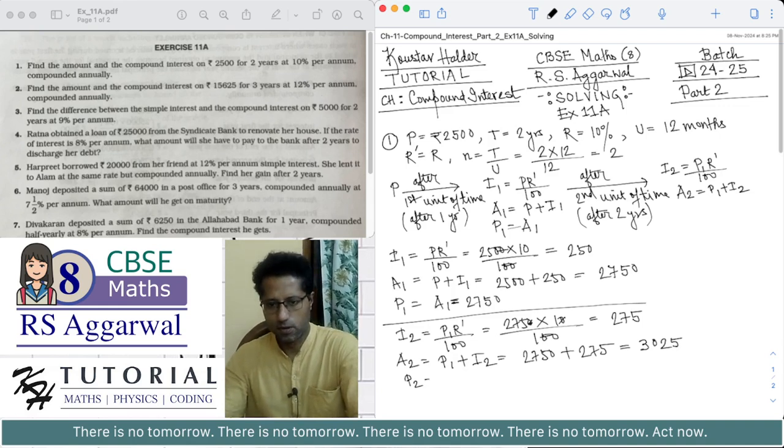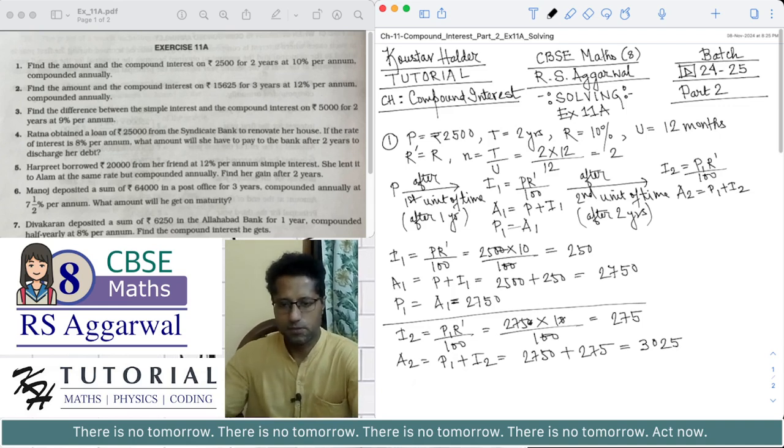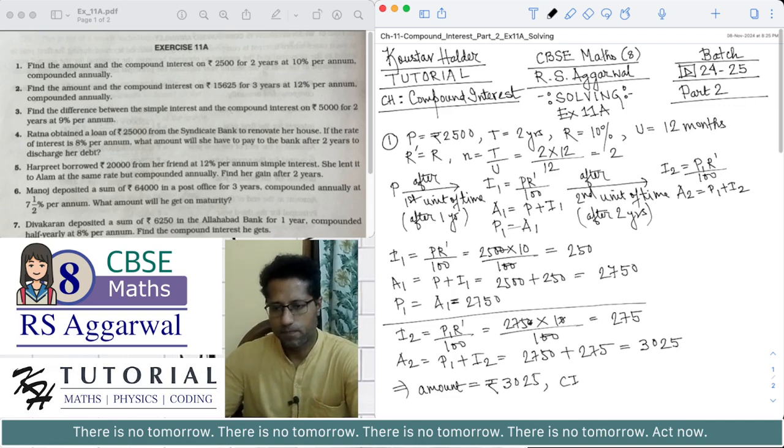P2 is not required. So the final amount is, so this implies the amount is equal to rupees 3025, and the compound interest will be equal to the final amount A2 minus the original principal, that is P.